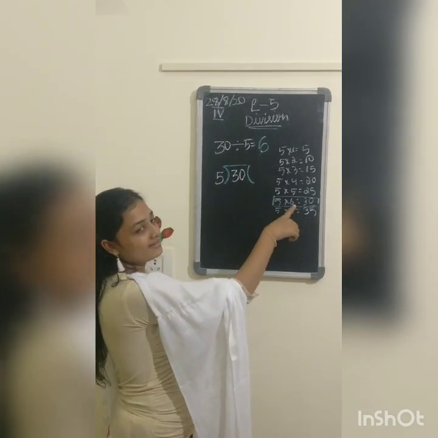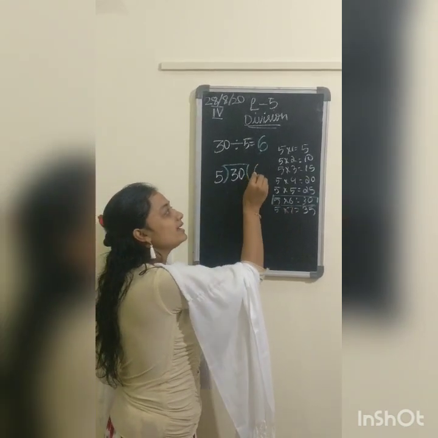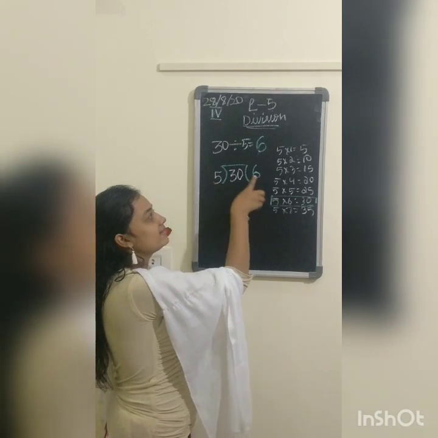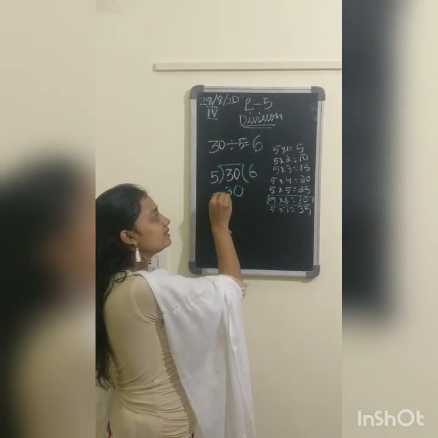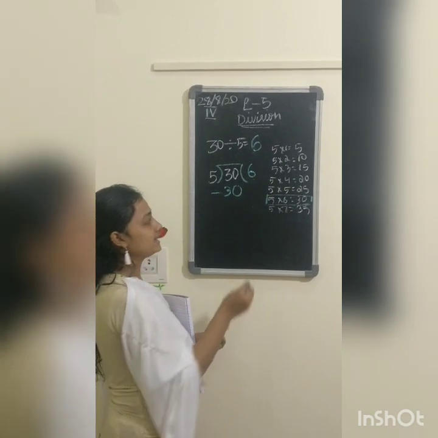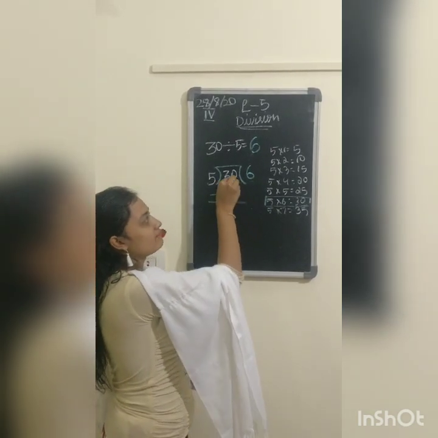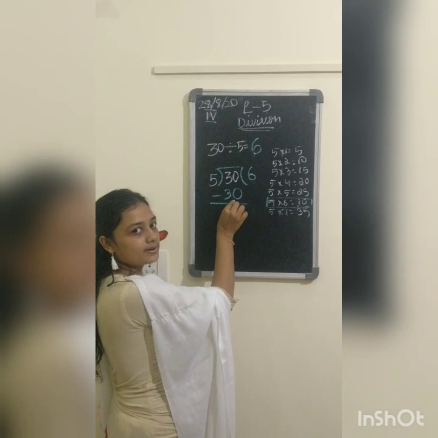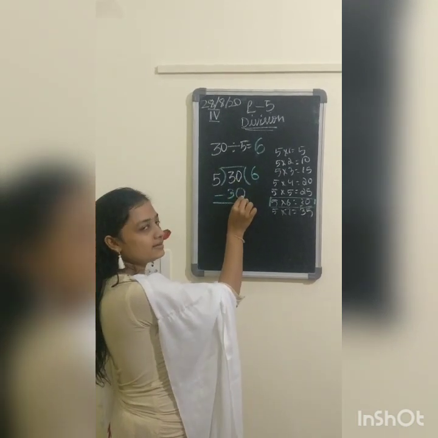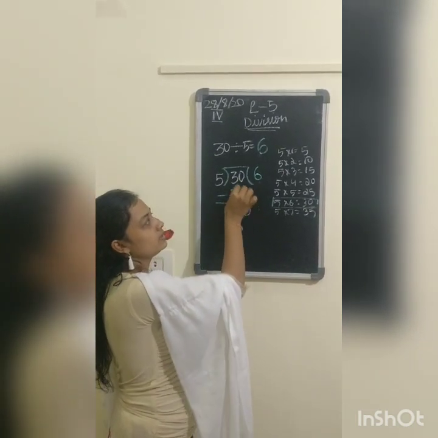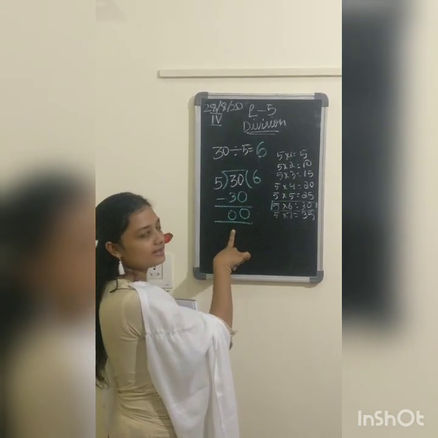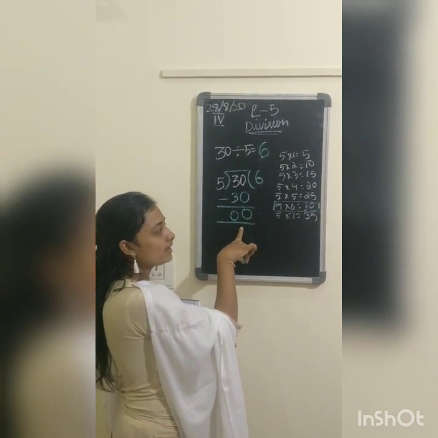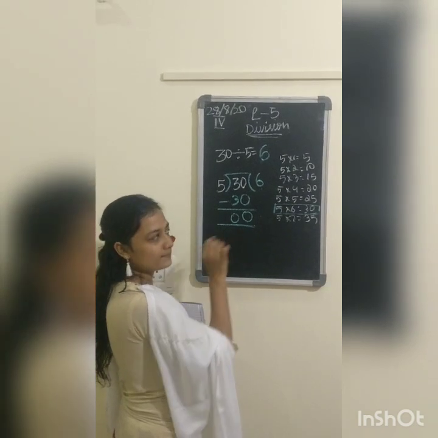So my answer, I have to write it to my right side. 5 6s are 30. That I am going to write below the dividend. Now I have to subtract these numbers. That is 0 minus 0 is 0. 3 minus 3 is 0. I got 0 as my remainder. So I will stop it here.